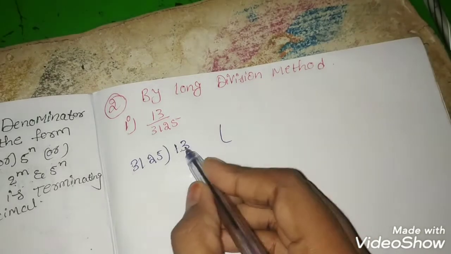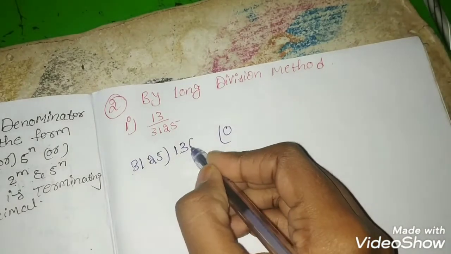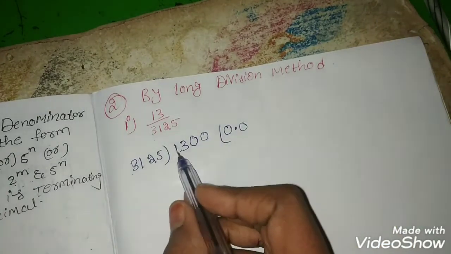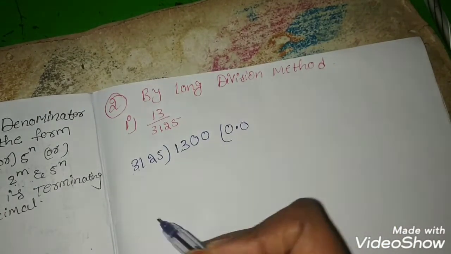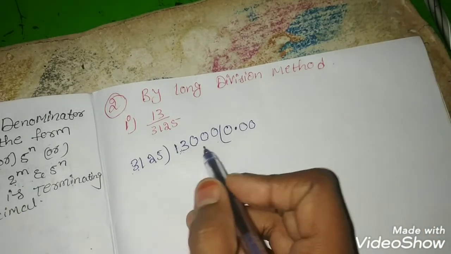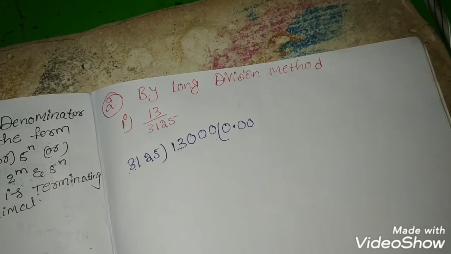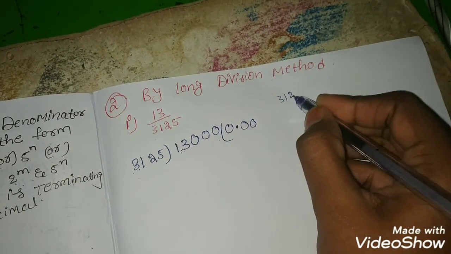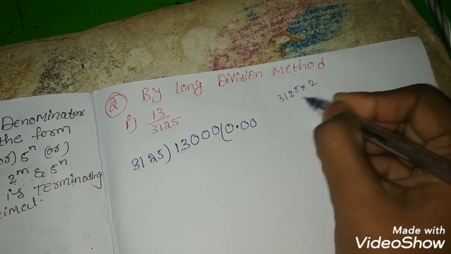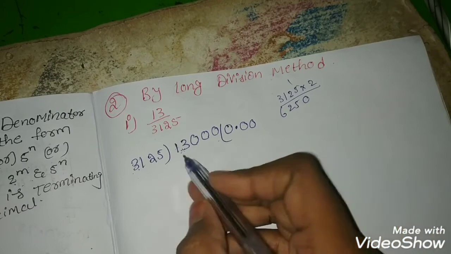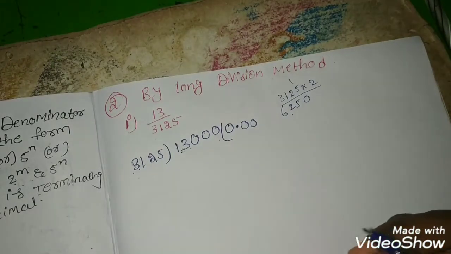Let's check here. 13 is smaller, so keep 0 here. We get point. Again we have to keep 0. See, 1300 is less than 3000. So again we have to keep 0. Now 13,000 is greater than 3000, right? So you can do this. If we do 3125 into 2, what do we get? 2 5s are 10, 2 2s are 4, 6, 6000. So 6000 is smaller than 13,000.